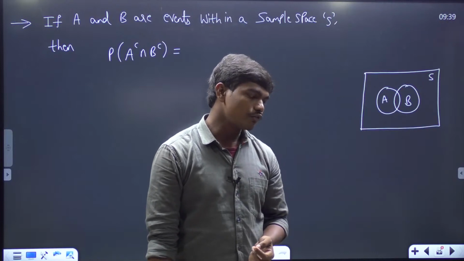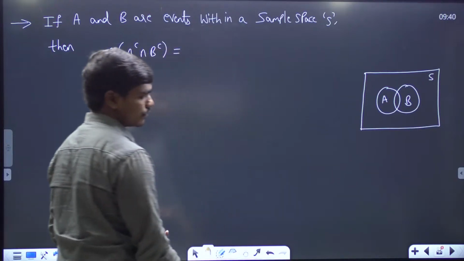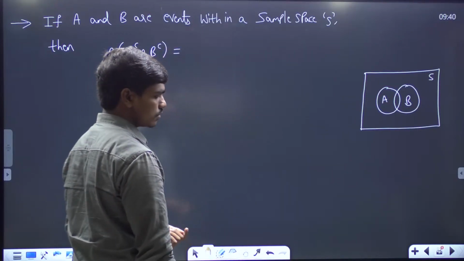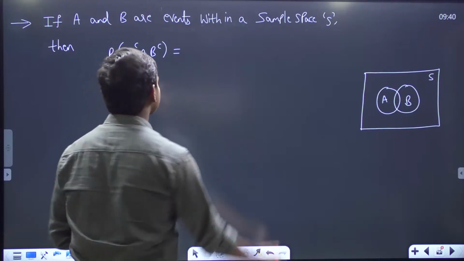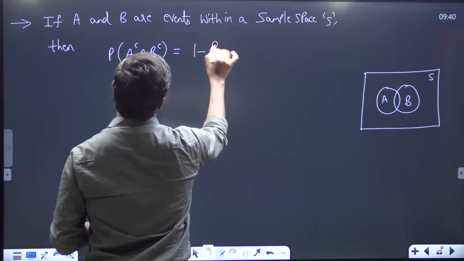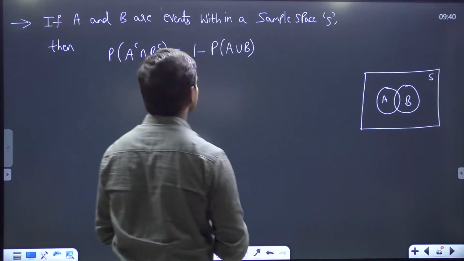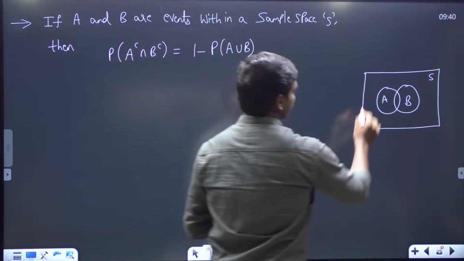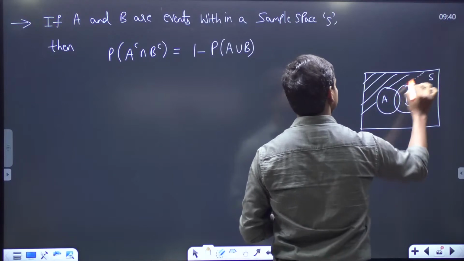One minus P of A union B, correct? P of A union B whole complement means 1 minus P of A union B. Because A complement intersection B complement is this area, if you see clearly.